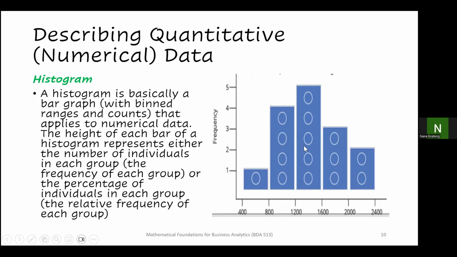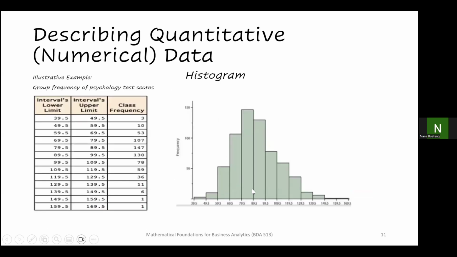Remember that in a way, it's just like a bar chart, but with bin ranges. This is a simplified one for you to know that each of the bars has a frequency. But a typical histogram will be something like this.